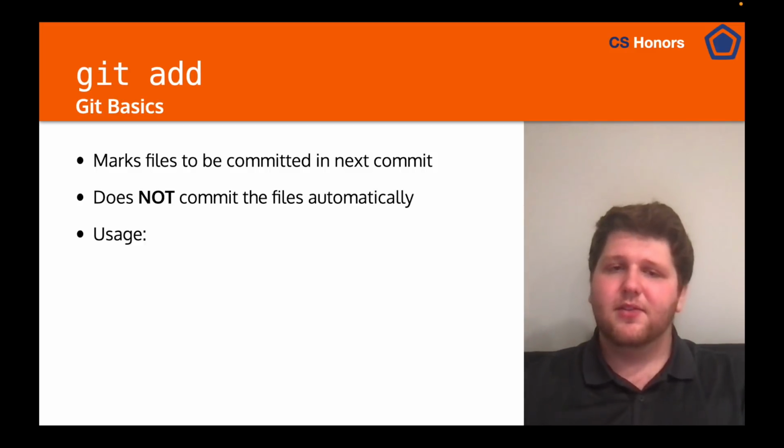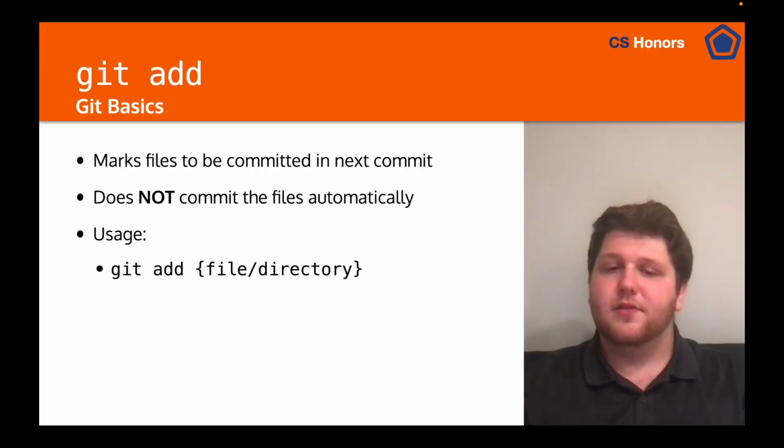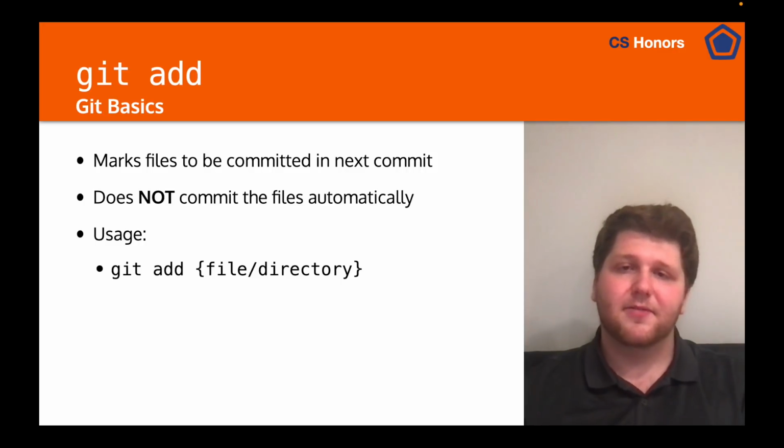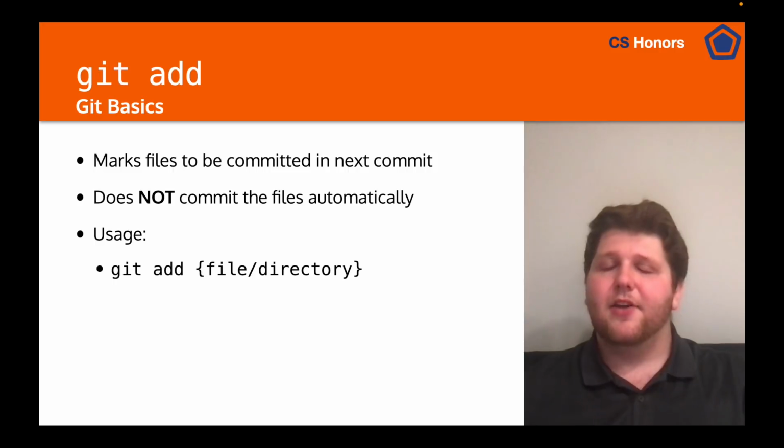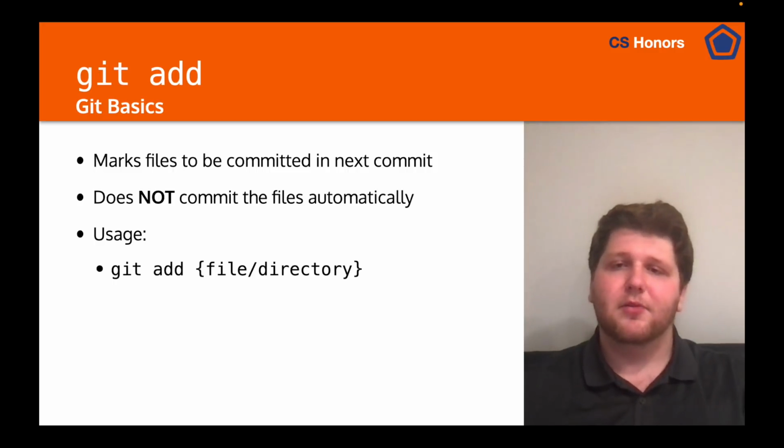So to use git add, you can do git add and then a specific file or a directory that you want to add things in, right? So you can either add a specific file like myshoppinglist.txt, or you can add an entire directory, and it would add all of the files or subdirectories within there.